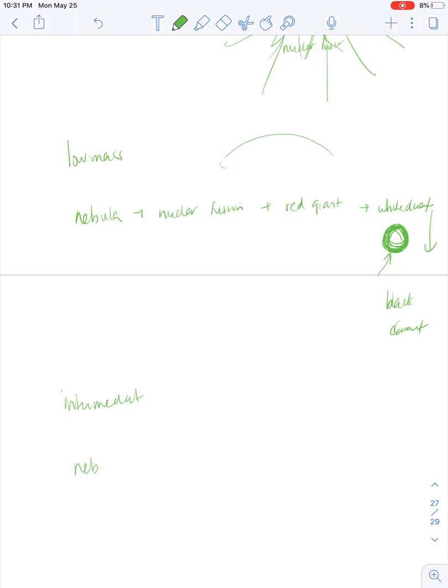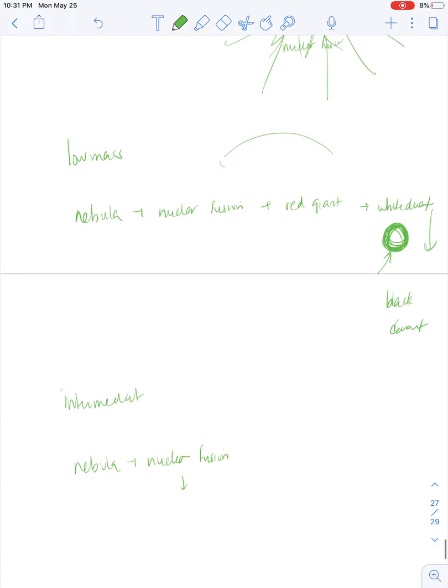In an intermediate mass star, you start with a nebula. You have nuclear fusion, but you have more nuclear fusion. I just want you guys to know that nuclear fusion can only occur till you reach iron, and then you can't fuse anymore past iron. And if you can't fuse past iron, let's just say this is the iron core, then gravity wins.